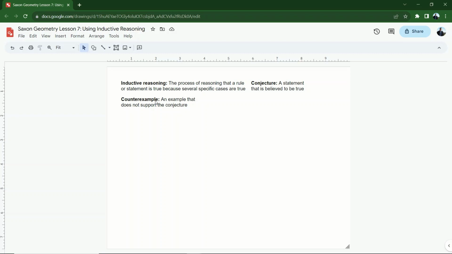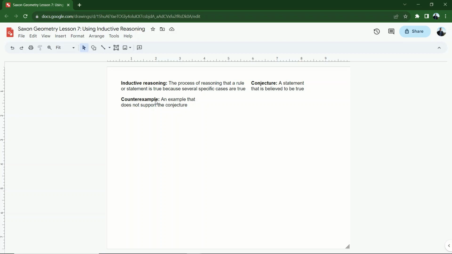Now, here's the thing. In order to prove that something is always true, you have to test it again and again and again and again. And every single time that you test it, you have to support your hypothesis. But it just takes one time that you test and you find a counterexample to your conjecture.